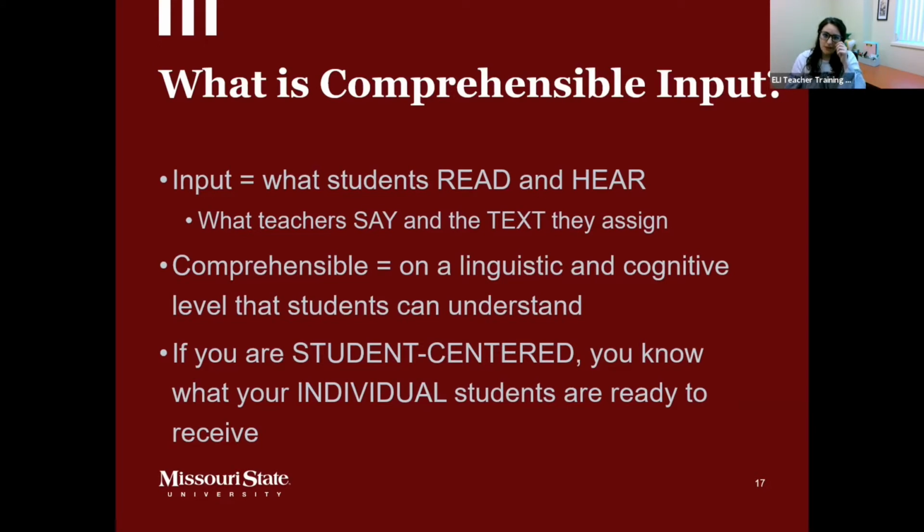We could run into some issues here when we have students that are older and have a lower English proficiency. We have to be careful not to make the cognitive level too low or too high for students. So how do you know these things?